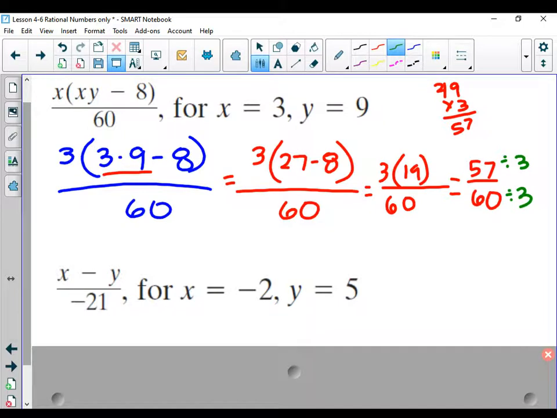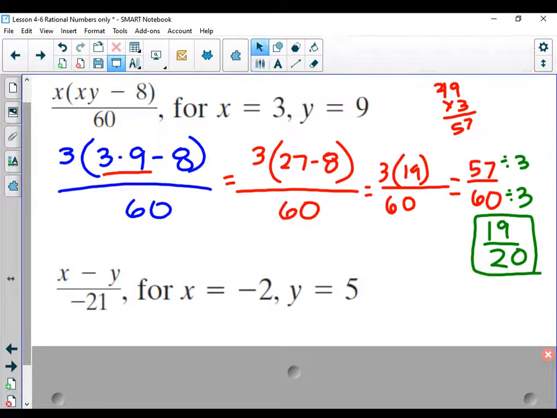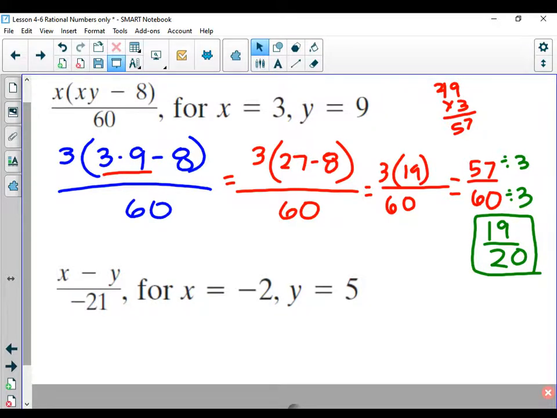Were you tricked and thought 57 was prime? Remember, 5 plus 7 is 12. We can divide by 3. Whoa, that was a lot of work for one problem.